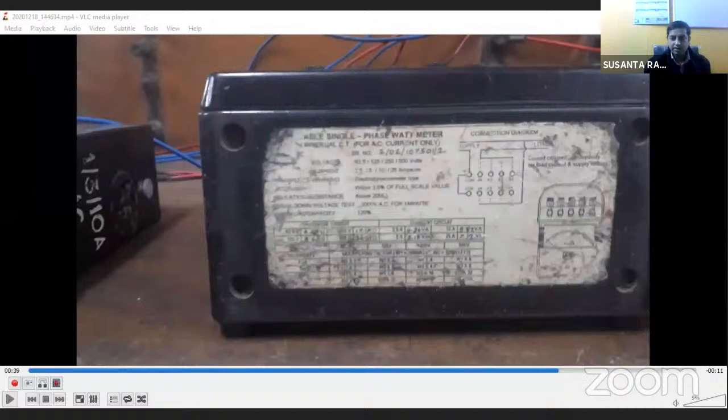Because here we are varying the voltage as well as the current, so we have to use different current coil and pressure coil combinations for different readings. You have to carefully note down the multiplying factor for that particular combination of current coil and voltage coil rating. That is given in this table, but this table is coming a little bit hazy.